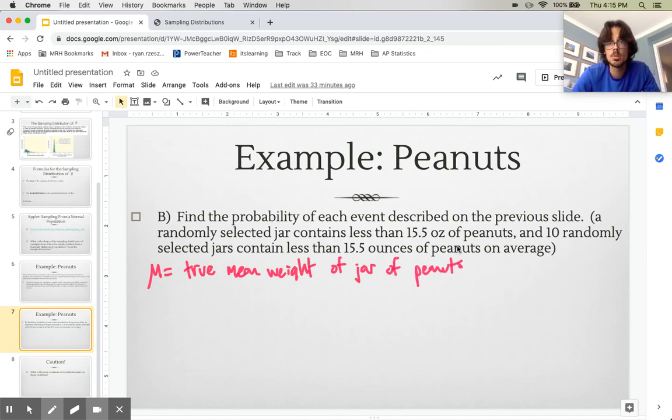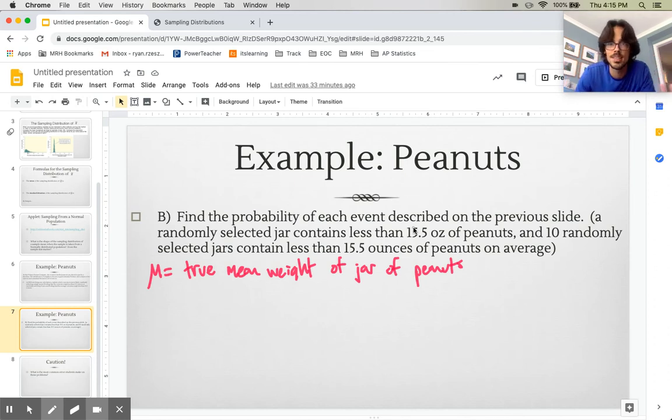Okay, variable defined. Next thing I'm going to do is look and see, is my X bar's graph going to be approximately normal? For right now, we learned that that is true if the population is normal. If the population isn't normal, for right now, we can't do anything.